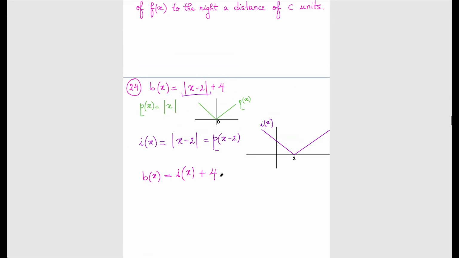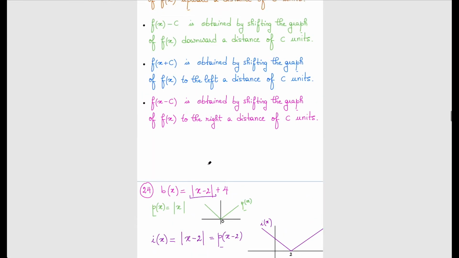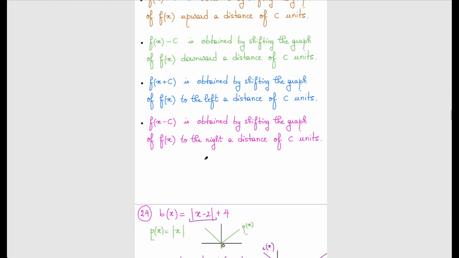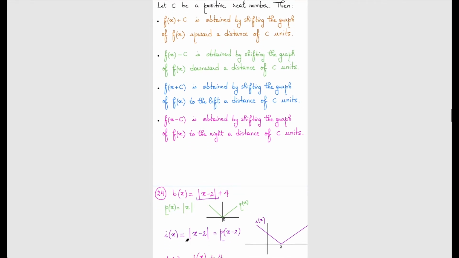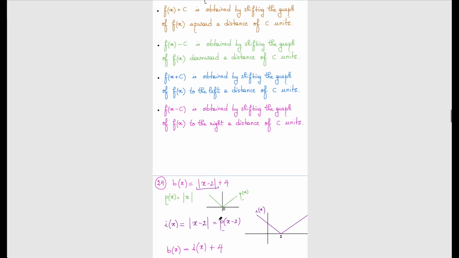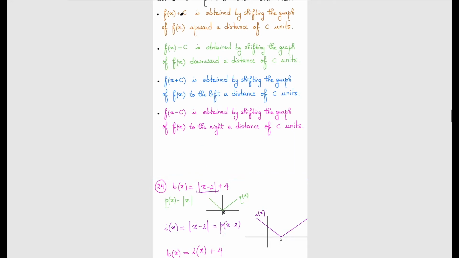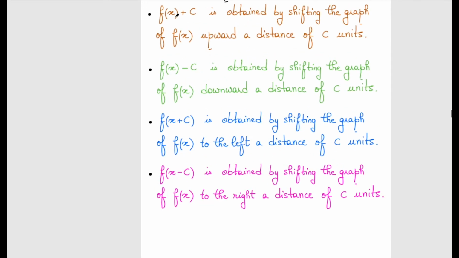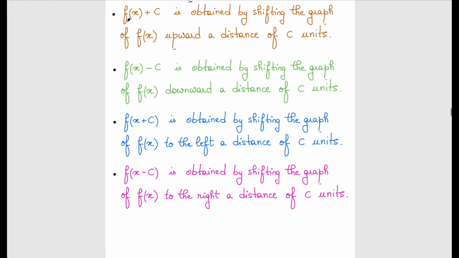Let's go back to those results that we have. Which format is it? I have I of x plus 4. It's the very first, right? So it's of the form, it's that brown statement. I of x plus 4 is obtained by shifting the graph of I of x, which we know how to do, it was the purple one, upward at distance of 4 units.